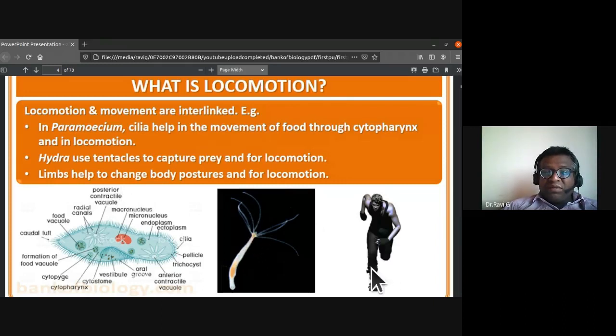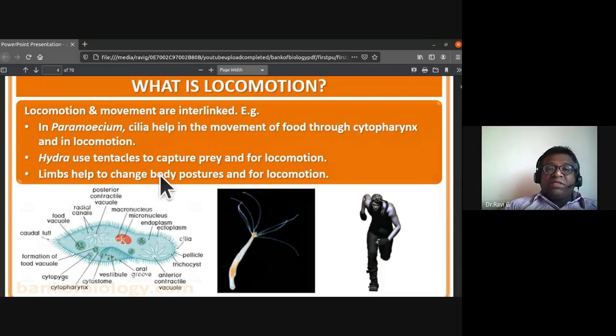Limbs in us, like in most of the mammals, they are four-legged animals. So they do not have an erect posture like us. They walk on all four, whereas we use only the lower limbs for locomotion. Limbs help to change the body posture and for locomotion.